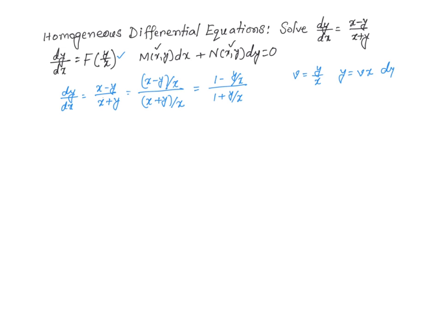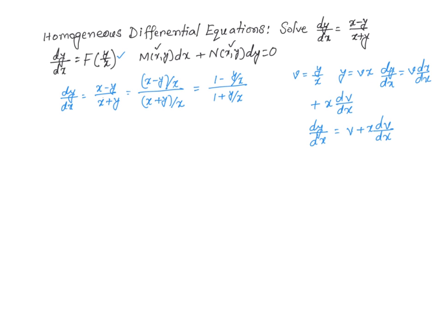That means dy over dx is going to be v times the derivative of x, dx over dx, which is just 1, plus x times the derivative of v, dv over dx. And if I were to simplify it, I would get dy over dx is equal to v plus x times dv over dx.